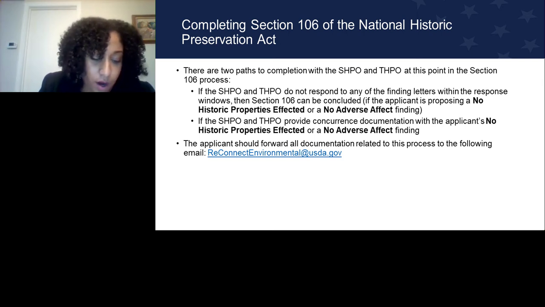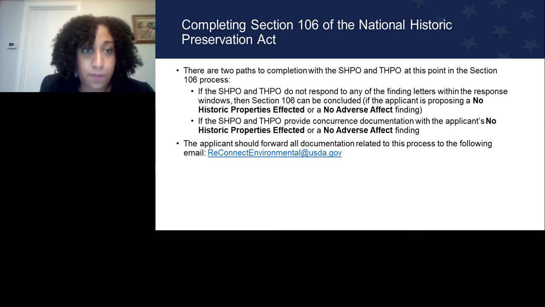Some SHPOs require hard copy submissions, some require electronic submissions. If you're sending hard copy finding letters to SHPO and THPO, please make sure you can get a delivery notification, and you can submit such tracking information to environmental staff with your statement if they did not respond to your letter.